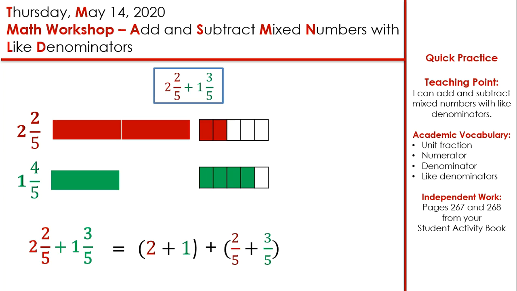That way, you will get your answer. Right here in this equation, I represent what I just said. First, I'm going to take every whole that I have. In this case, I have 2 plus 1, plus, because I'm adding. And right here, I will have the 2 fractions that are 2/5 plus 3/5. I'll sum them separately.